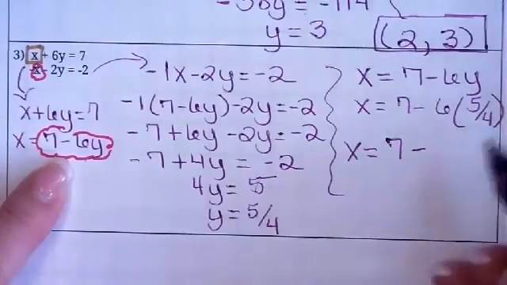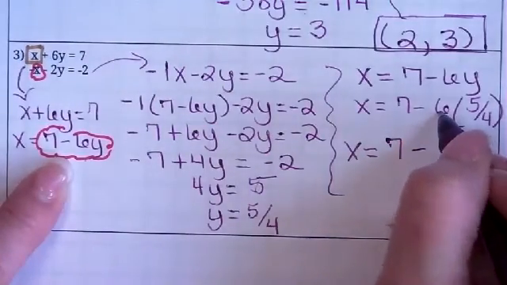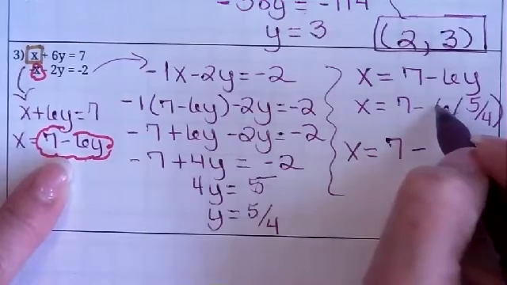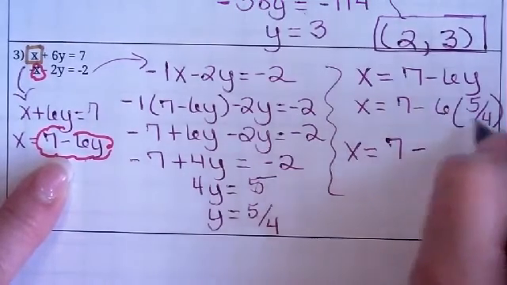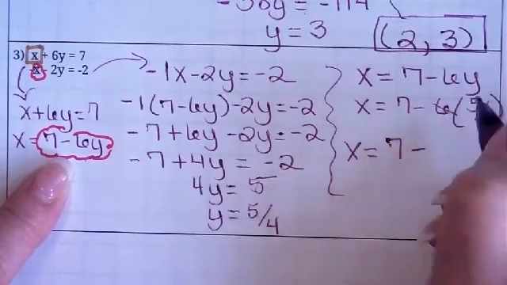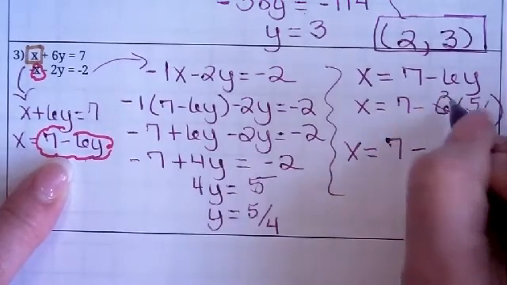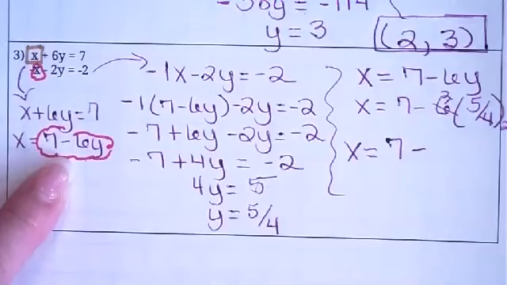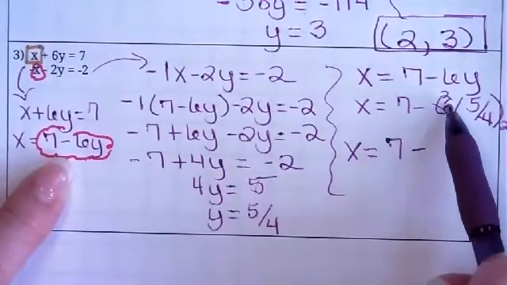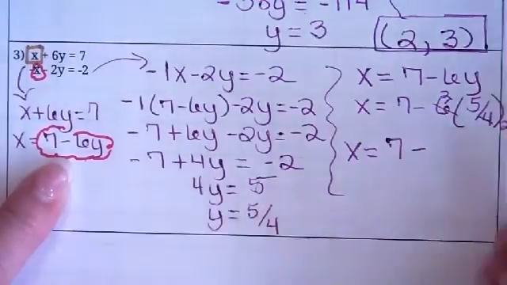Let's be really careful. We can do this. 6 and 4, that simplifies. 6 would be in the numerator, 4 in the denominator. They're both multiples of 2. So I could divide them both by 2 and I would get 3 and 2.